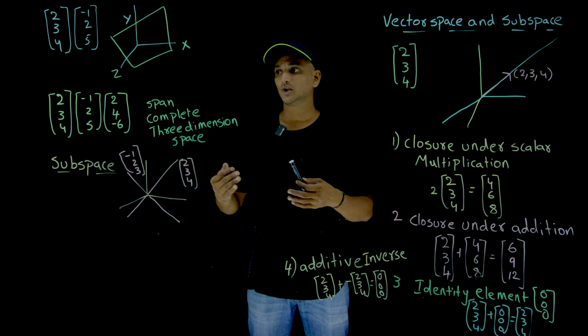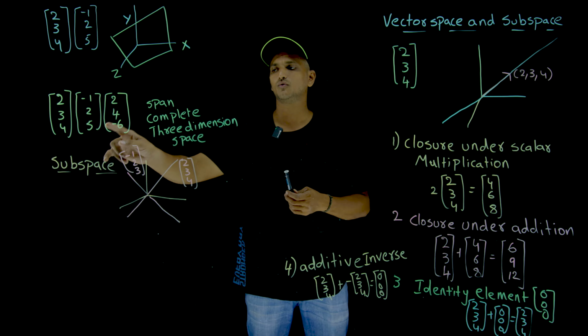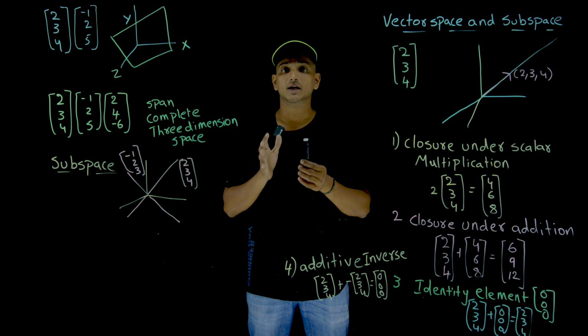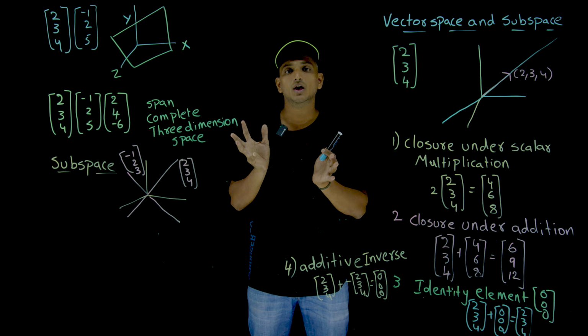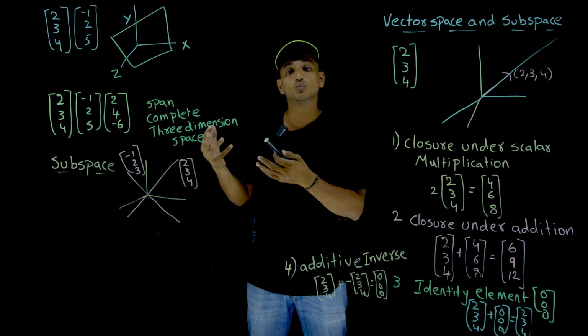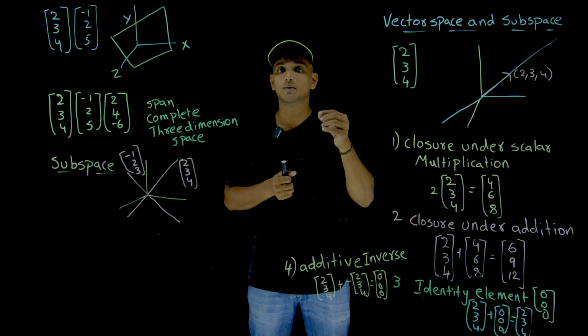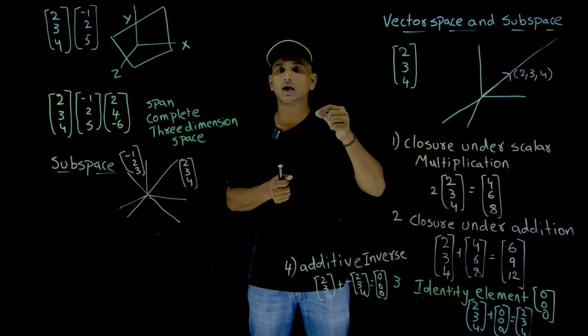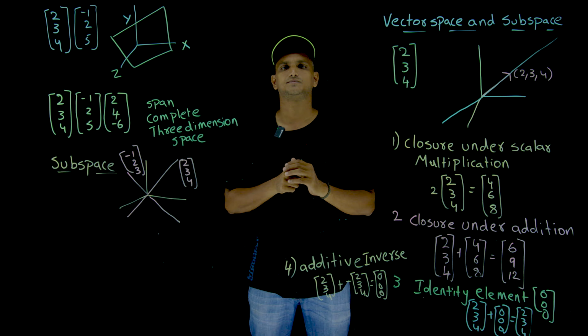Now coming to the next one. If you take three vectors, 2, 3, 4, minus 1, 2, 5, 2, 4, minus 6, these three vectors are moving in three different directions. With these three different vectors, we are able to span, means we are able to point to any point in the entire three-dimensional space.